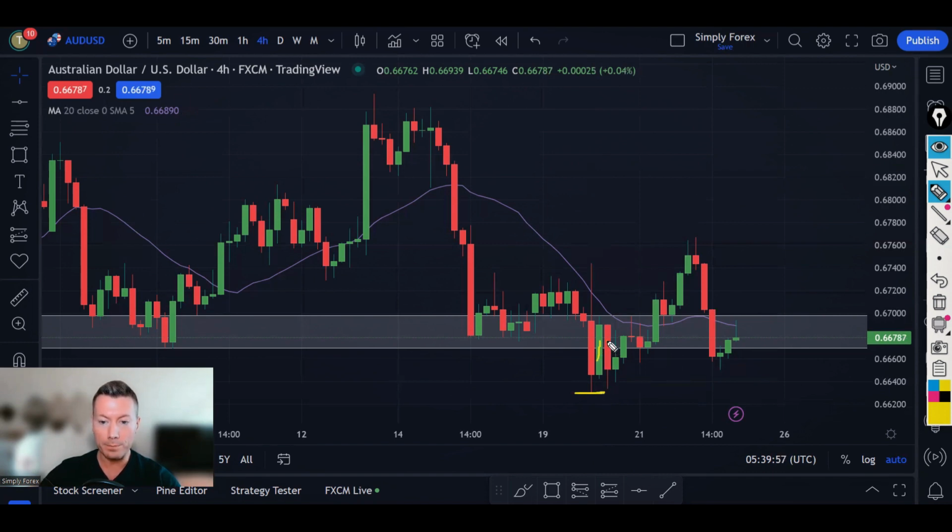Admittedly followed by a bearish candle, bullish candle, bearish candle, but there is no momentum to the downside. None whatsoever. So this is a perfect example of a fake out. The momentum is not with the breakout. Momentum has stopped dead. At this level, momentum stopped.